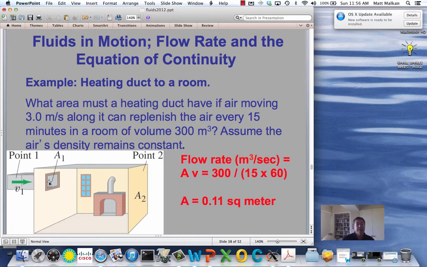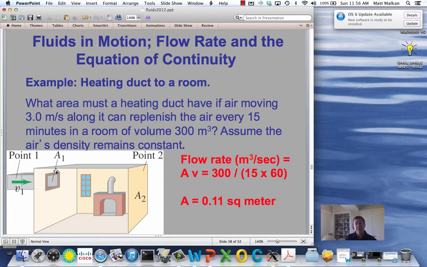And so we're trying to figure out what A1 is. Well, if V is 3 and the product AV has to be 1/3, then A1 has to be 1/9, and 1/9 of a square meter is 0.11 square meters. That tells you how big the duct has to be if the air is coming in at 3 meters per second.